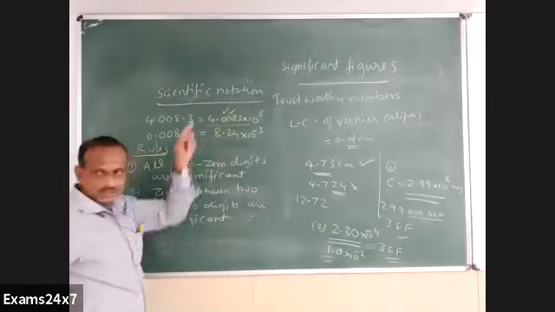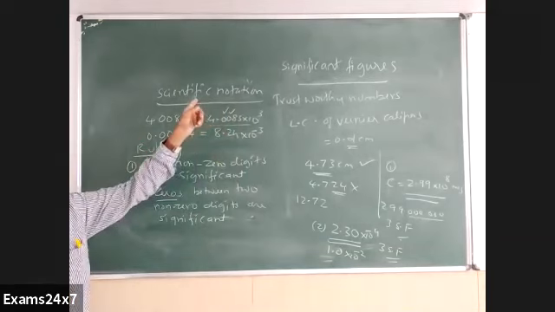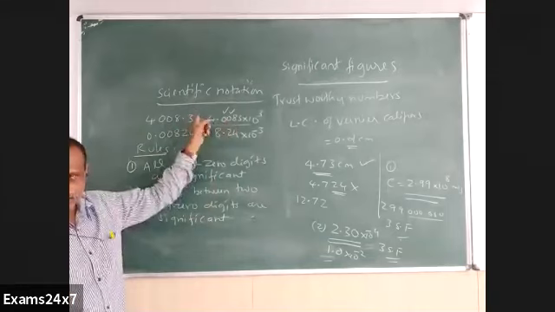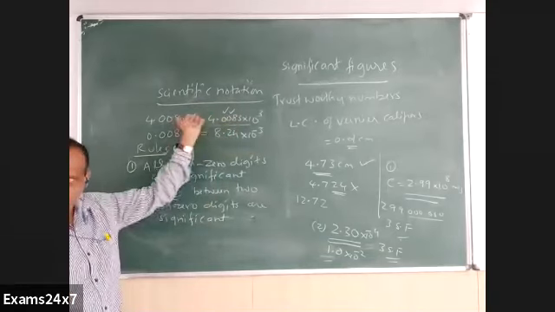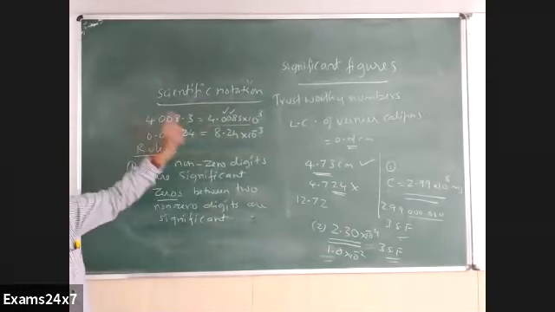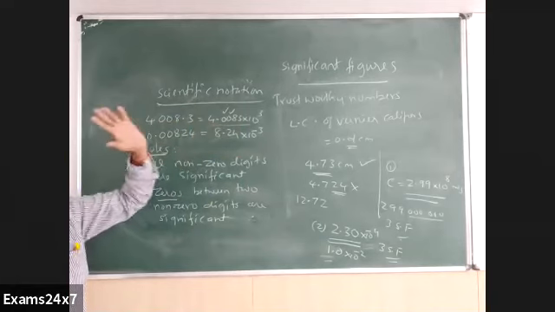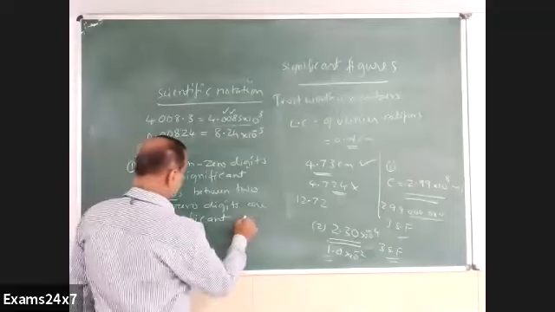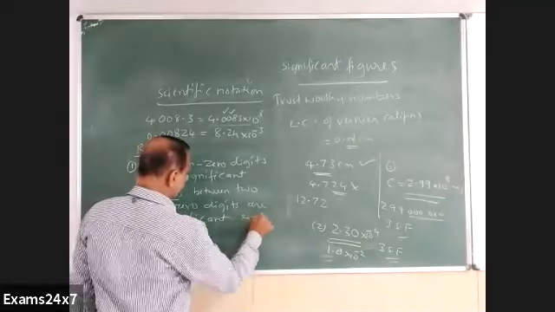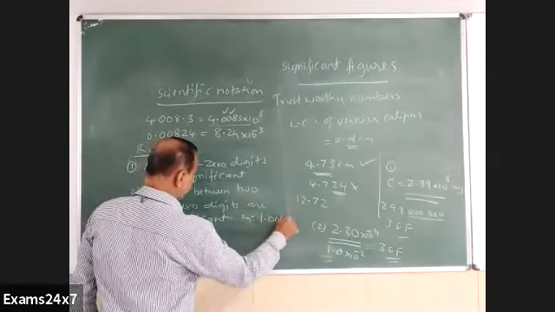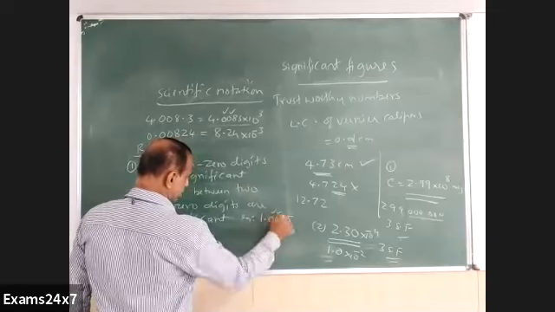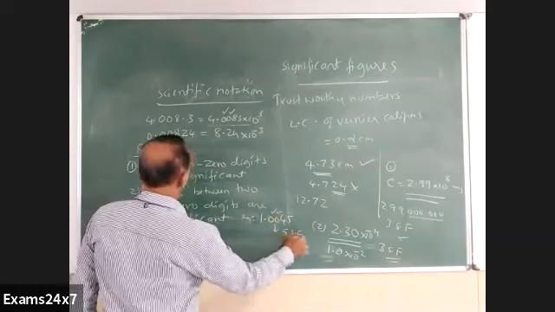Are these significant or not? Following this rule number 2, they are the zeros coming in between 4 and 8. They are significant here along with other non-zero digits. So we get how many significant figures? 5 significant figures in this case. Or if you take an example here, 1.0045, how many significant figures here? 5.